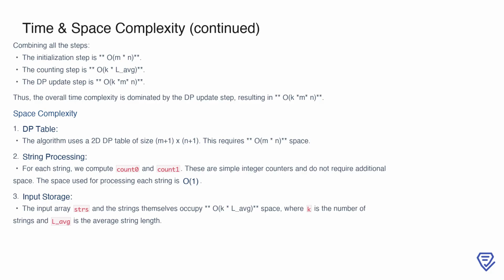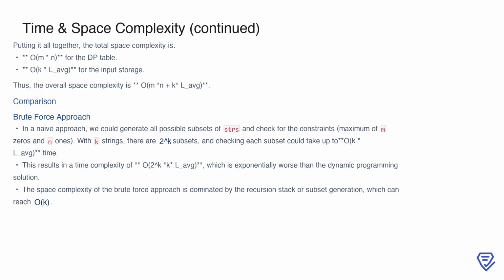These are the key contributors to space usage in this algorithm. When we account for all components, the total space complexity is m*n for the DP table and k*L_average for the input storage. Thus, the combined space complexity becomes m*n plus k*L_average.